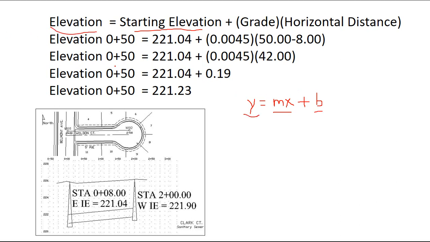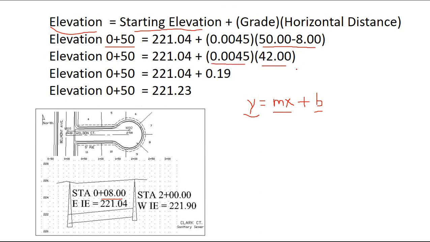So if we want the elevation of 0 plus 50, we've got to find how far we are from the starting point. 0 plus 50 is 42 feet from the starting point of 8, because we're starting at 0 plus 08. If we take that away from the station where we're at now, which is 50, we'll get 42 feet.